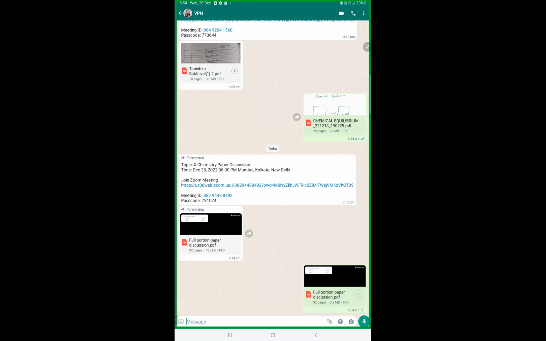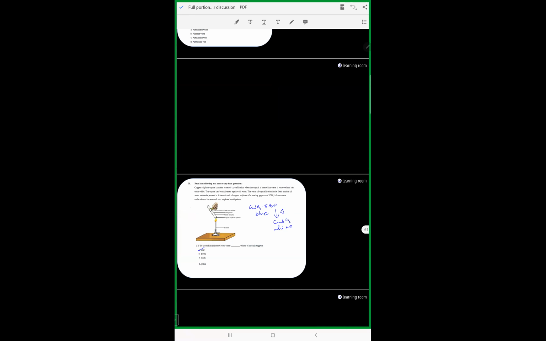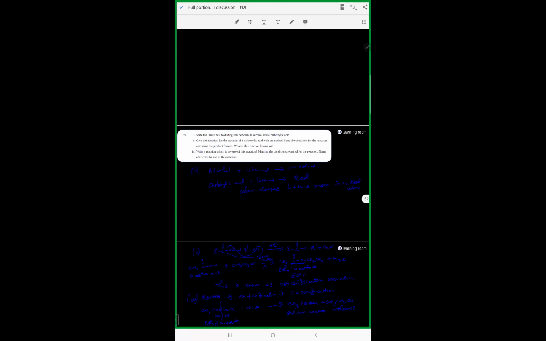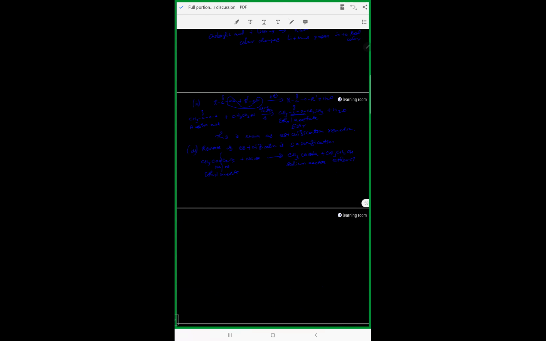Esterification generally takes place when you have acid and alcohol. You have any carboxylic acid with alcohol in presence of acid, the esterification takes place.